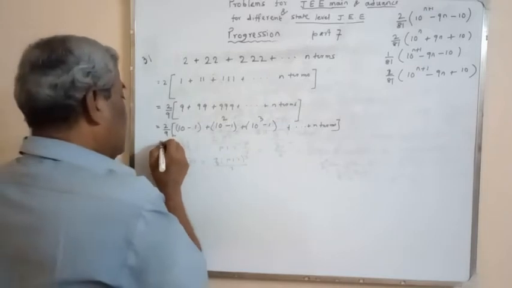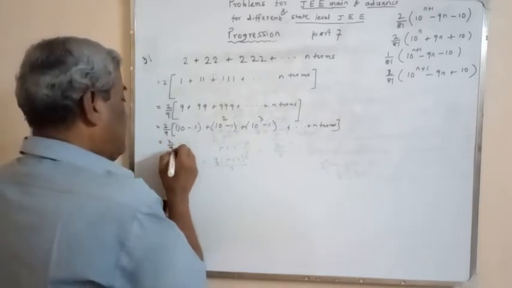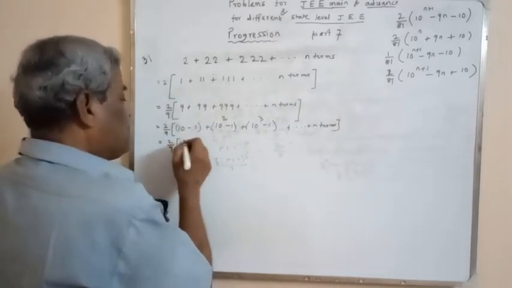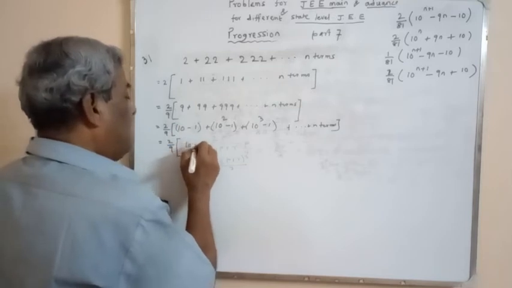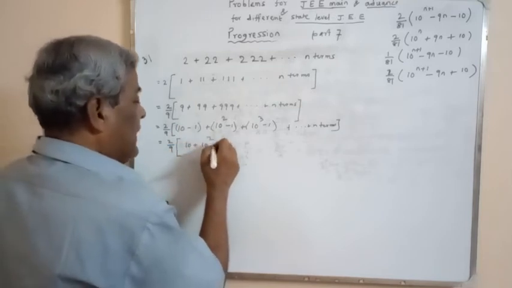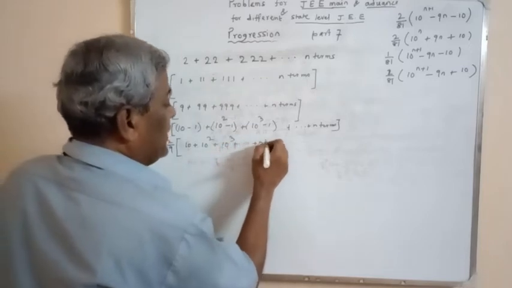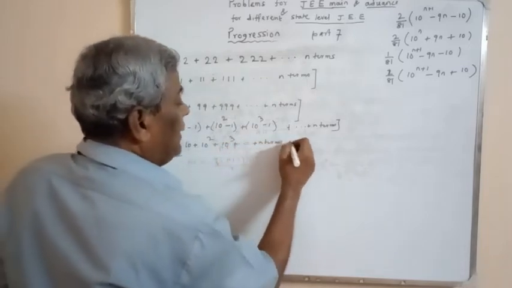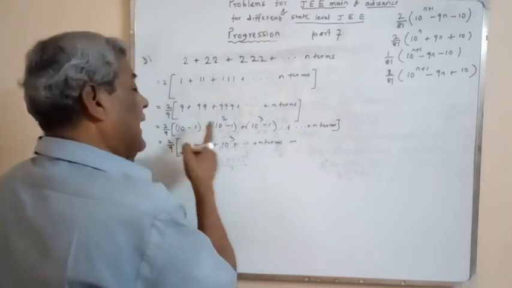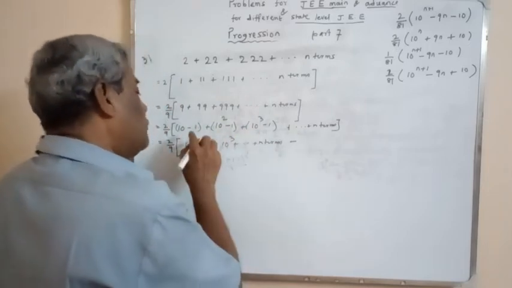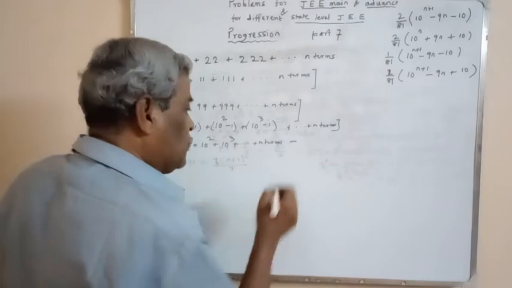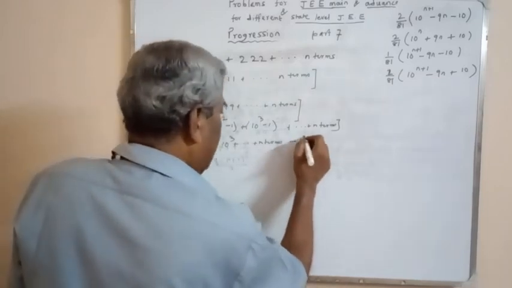So it is equal to 2 by 9 into the first series, 10 plus 10 square plus 10 cube, this way up to n terms, minus, there are n groups, so from each group we take minus 1, so it is minus n.